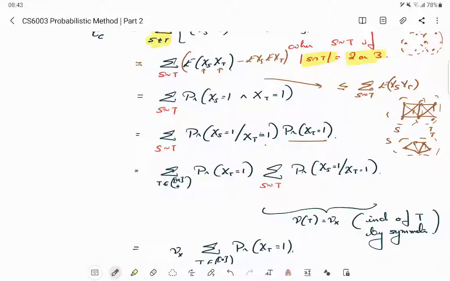But in the problem that we are studying and many other similar problems, this is very symmetric, in the sense that no matter which 4-set t you pick, and you sum over all the s's that depend on it, this list of events and their probability is going to be the same.